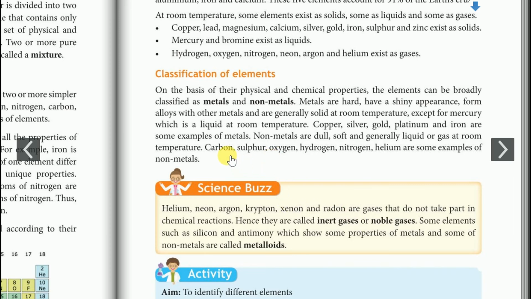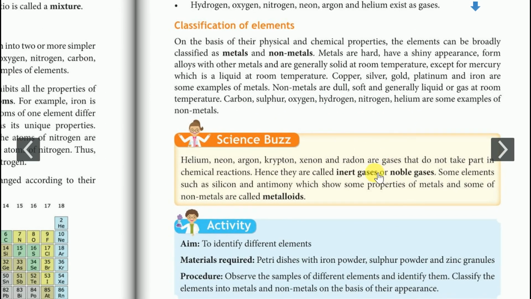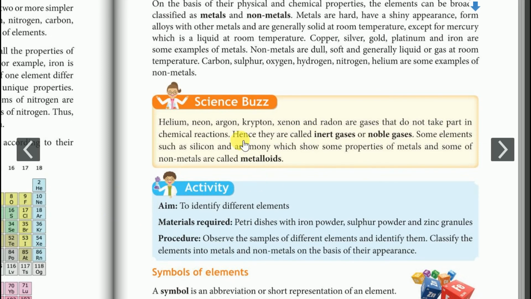Now non-metals are dull, soft, generally liquids or gases at room temperature. Carbon, sulfur, oxygen, hydrogen, these are the non-metals. Another type of element is also present. Some elements such as silicon and antimony show some properties of metals and some properties of non-metals, and thus they are called metalloids.